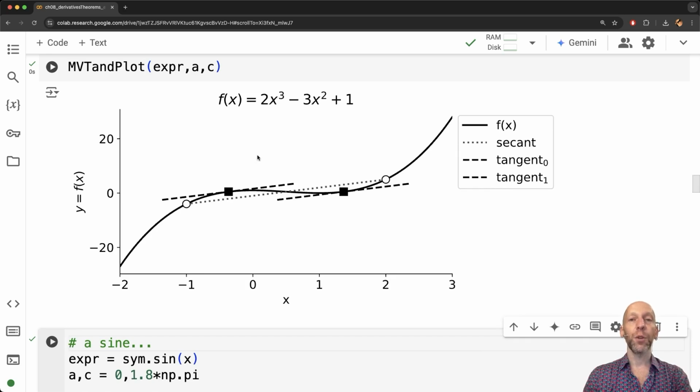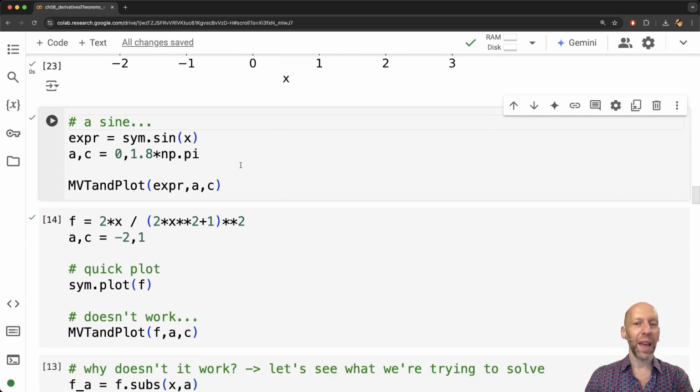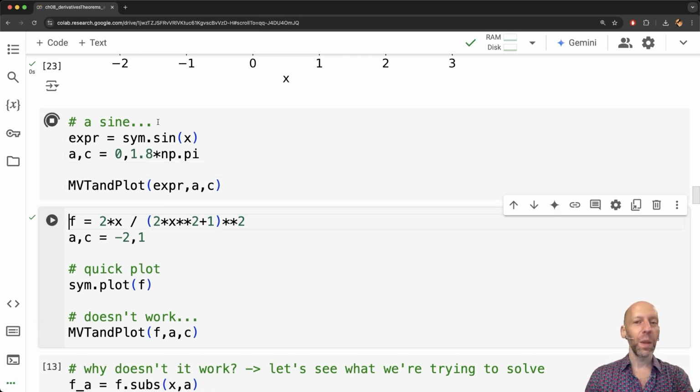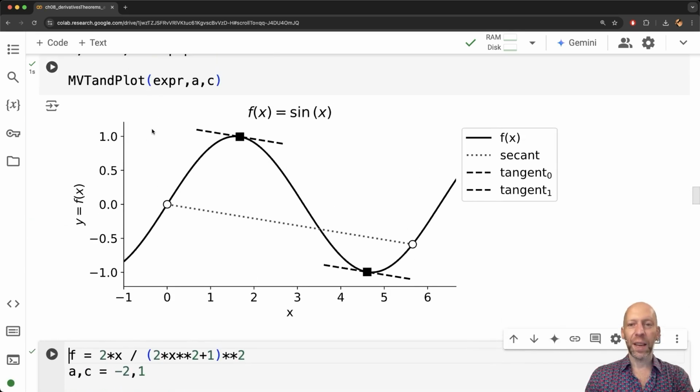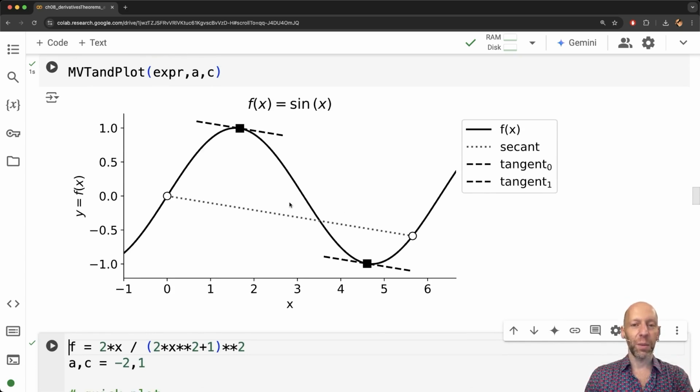So that means that there are two valid solutions to the mean value theorem problem. There are 2 points on this function where the derivative at those points equals the slope of the secant line from -1 to +2. All right, and then we have the sine.